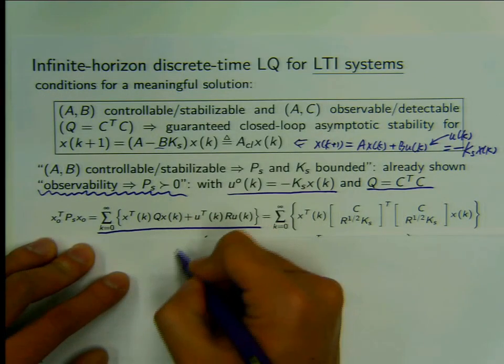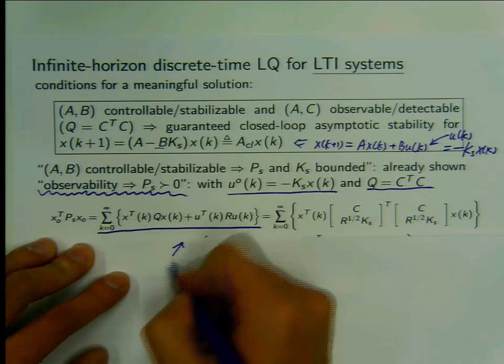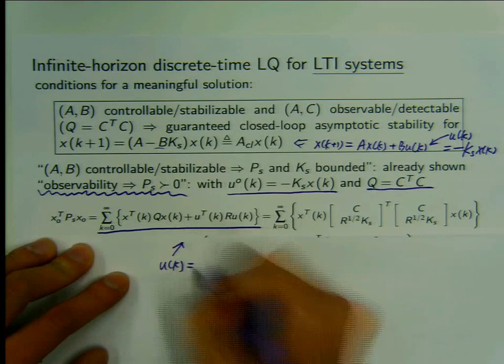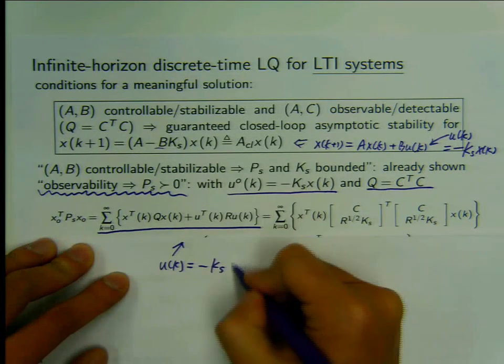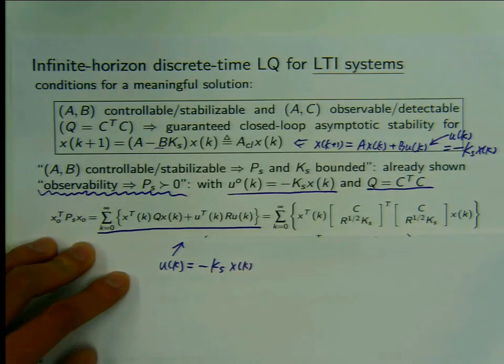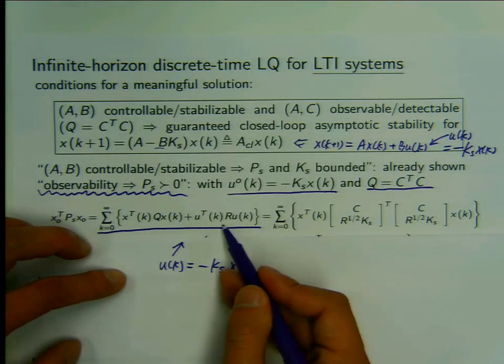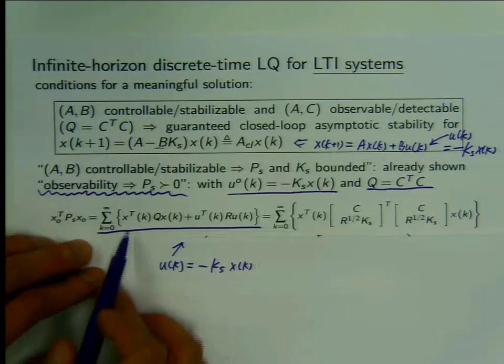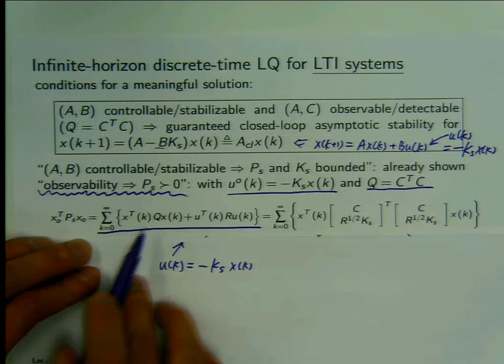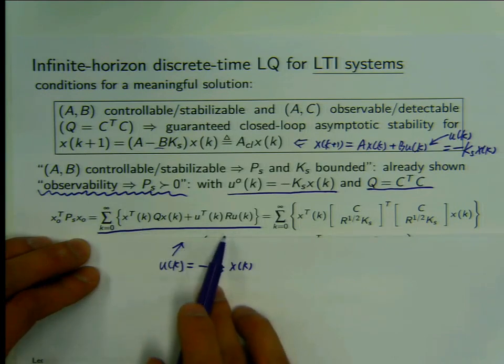You remember that this U, this optimal control law, is negative Kx times xk, right? If you plug in this one here, then you're going to see this cost is nothing but one quadratic function of x, another quadratic function of x.